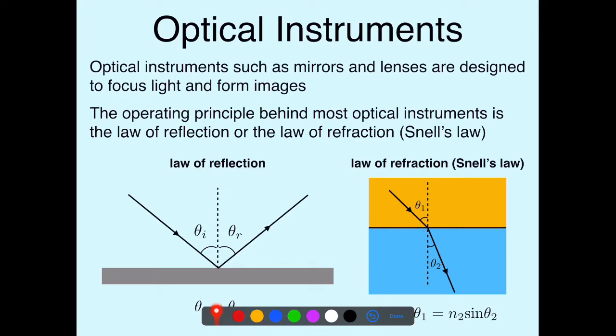And so we measure the angle of the incoming ray as theta 1 relative to that normal line, and the outgoing ray, theta 2, also measured relative to that normal line. And Snell's law says n1 times sine theta 1 equals n2 times sine theta 2. So all of the basics as far as how optical instruments work can be understood just using these two physical principles. So this lecture is going to be all about applications of these principles.